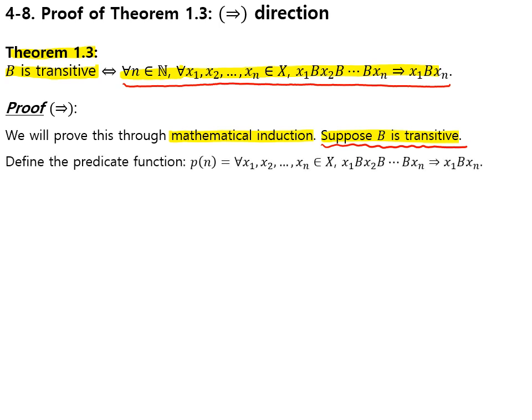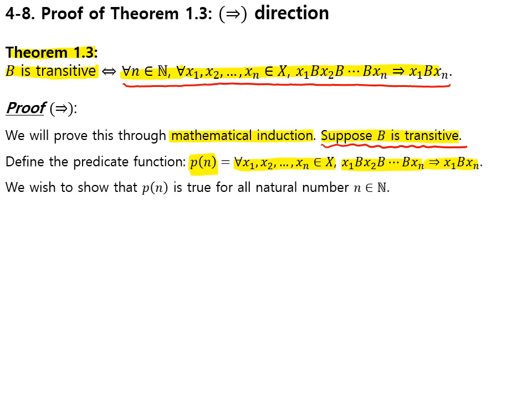To do this, let us define the predicate function Pn, and this basically denotes the statement that says that for any n elements of x, if x1 is connected through the chain of binary relation B to xn, this implies that the first element is connected to the last element by the binary relation B. Okay, so we basically wish to show that Pn is true for all natural number n, right?